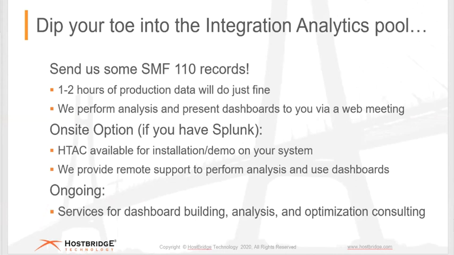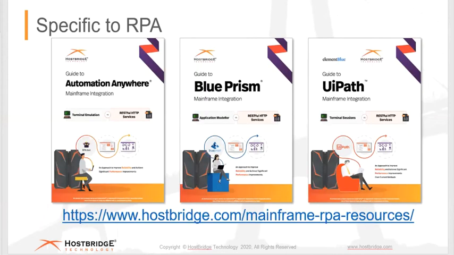Let me wrap up by saying that we just introduced 3 new white papers, and these are very specific to RPA, or robotic process automation. The 3 most prominent RPA platforms today, and certainly within our customers, are Automation Anywhere, Blue Prism, and UiPath.